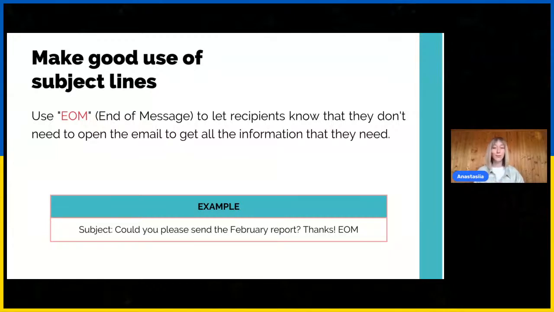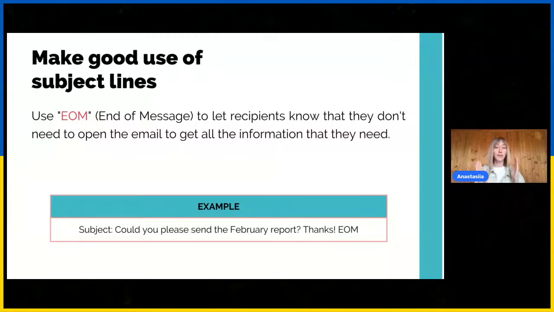One more piece of advice I want to share with you related to subject lines is that sometimes we write very short messages. We cannot omit sending the email, for example, for this subject, but we want a person to save their time while reading it. For this, I have got an abbreviation for you, which sounds like EOM. How to use it?